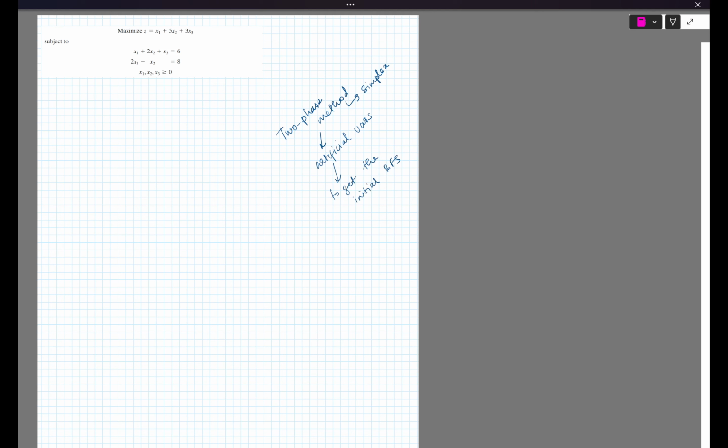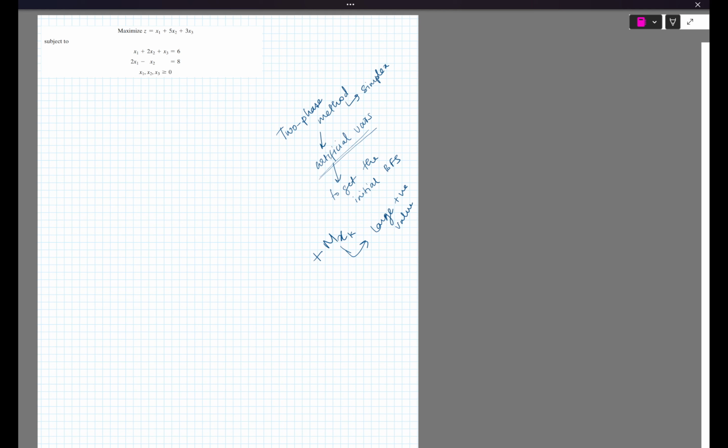We had seen in week 2 when we were using the big M method, we used these artificial variables, and if the artificial variable is some x k, then in the objective we added plus M x k, where M is some large positive value.